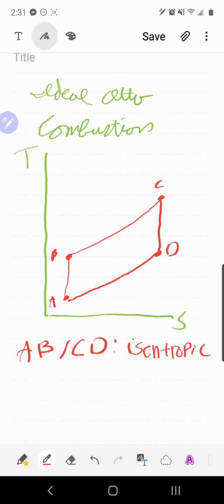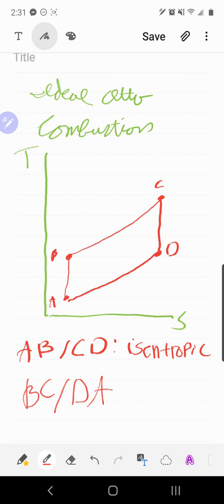And then we can see that the temperature and entropy are changing from B to C and D to A. So we know that there's going to be heat addition or heat loss, because we know the temperature and entropy are changing.